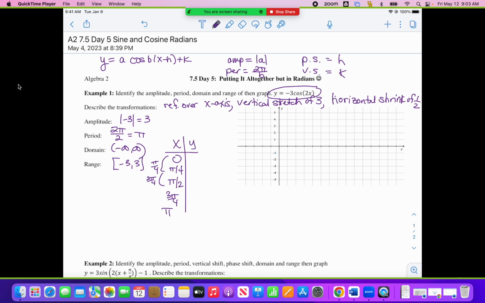Just regular cosine. 1, 0, -1, 0. Awesome. Okay, then what Max told us is we're going to multiply these by -3. So, Hannah, what would be the new y values if I'm multiplying each one by -3? -3, 0, 3, 0, -3. Awesome, you got it.